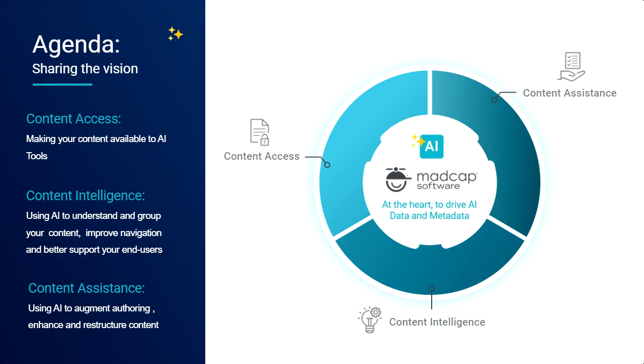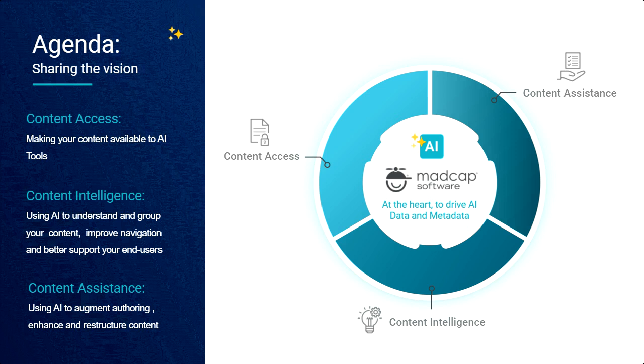But how do you take your content and further enhance that by ensuring it is AI ready? Deliver content as a service to fuel large language models using APIs and access any other third-party AI tools, so your content can be consumed by those AI tools. That's content access.